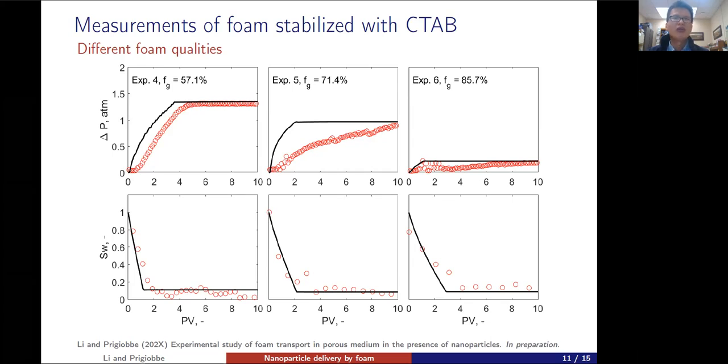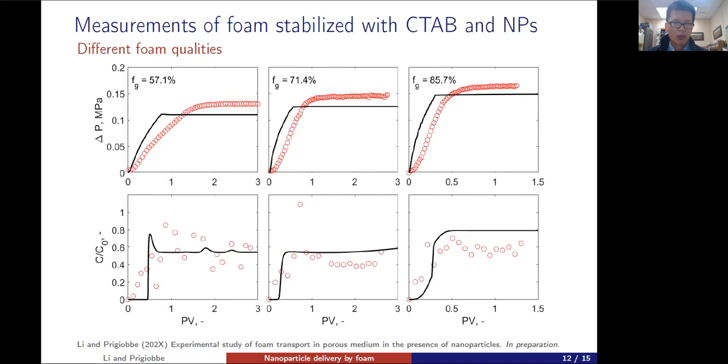The remaining water saturation drops to around 0.1. As the foam quality increases, the overall process becomes slower, and our hypothesis is that the foam generation is limited by the surfactant concentration, given the large number of bubbles forming at high quality.